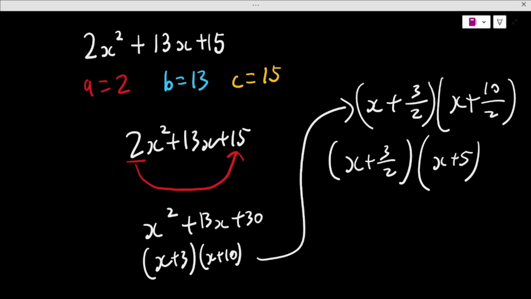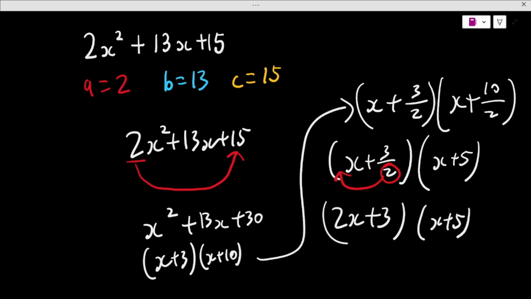The final step is to slide back anything in the denominator to the front of x. So we see that there's a 2 over here, we're going to slide it back. So this would give us 2x plus 3 and x plus 5.